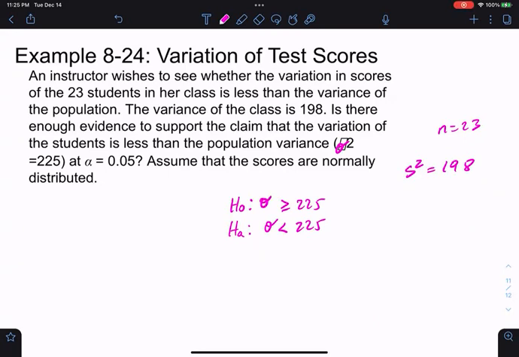So that depends on the class, right? So just be careful when you're stating your null hypothesis. The variation should be sigma squared, and this is less than the population. Okay, so that's the claim. Now we need to solve the problem. So this is chi-square.